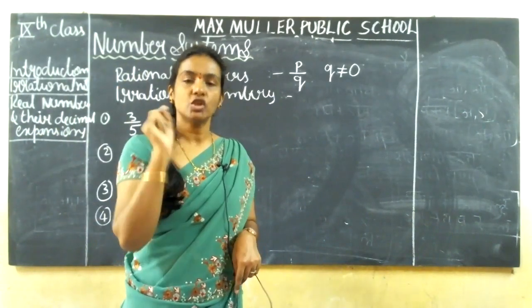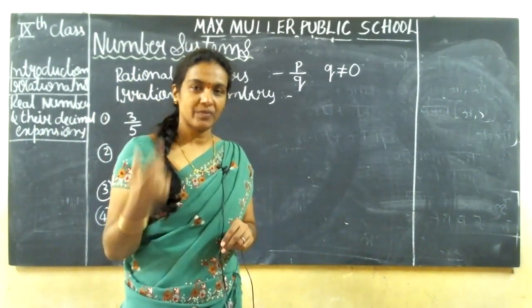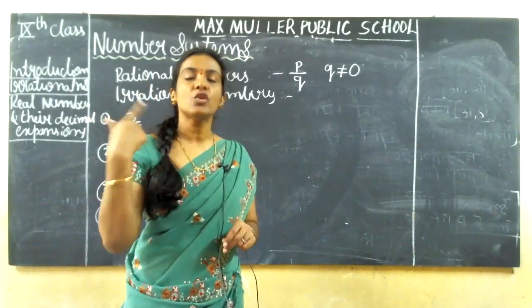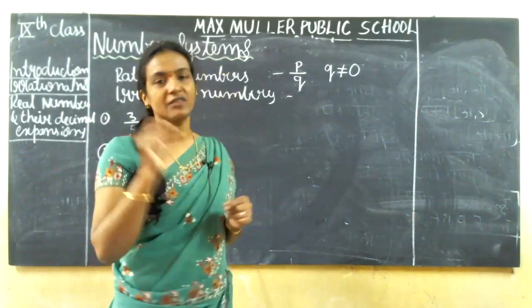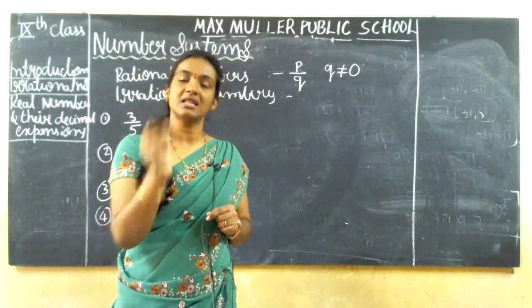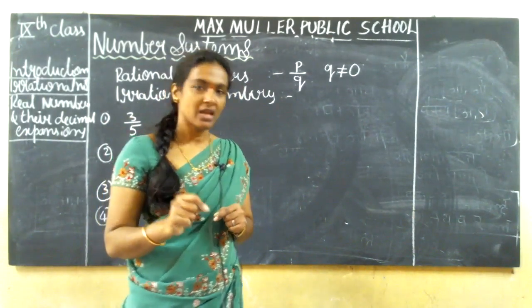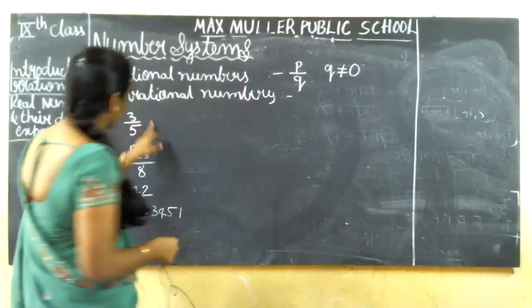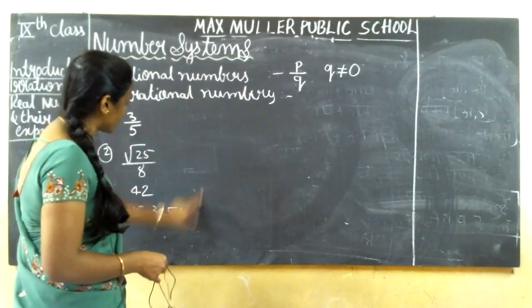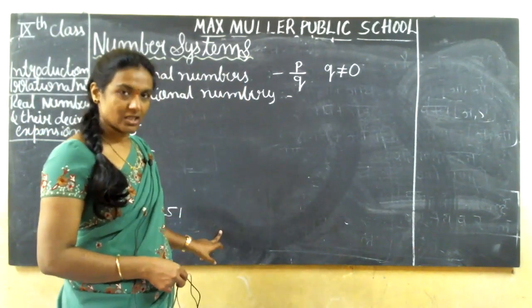I explained this in depth in the last class and gave examples also. So tell me, among these 4, how many are rational and how many are irrational?